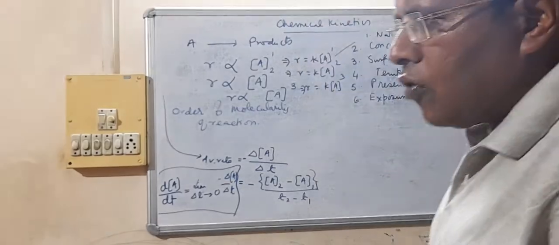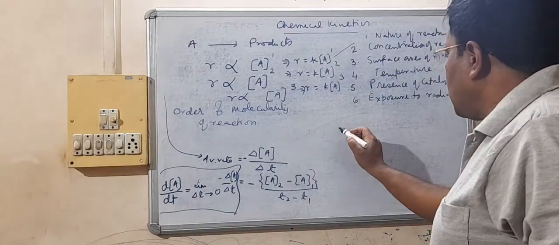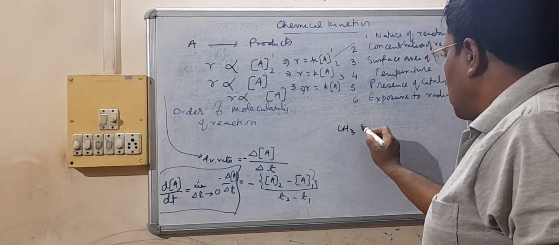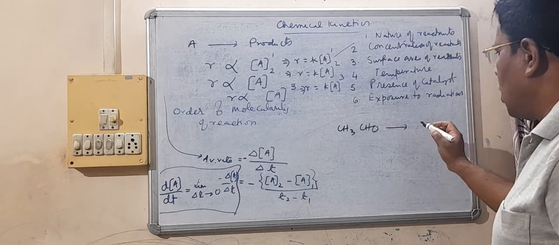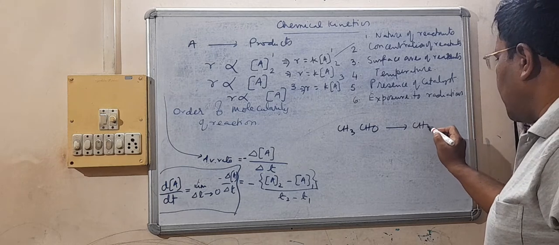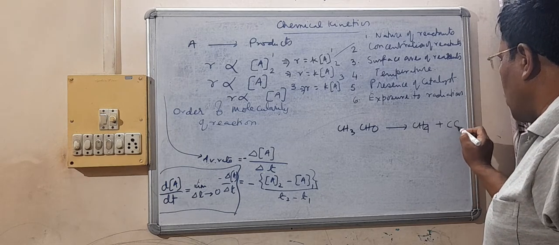So, decomposition of acetaldehyde. Acetaldehyde decomposes into methane plus carbon monoxide.